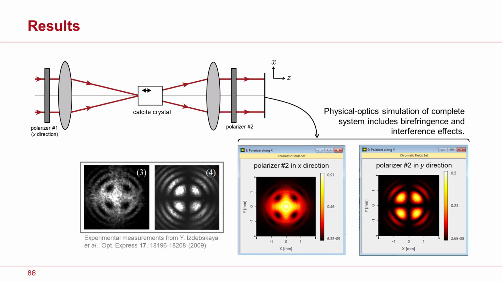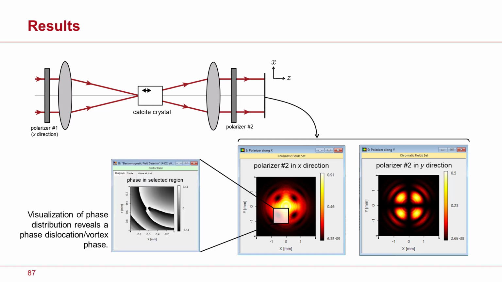We can observe how the interesting effects that appear, those vortices, those phase dislocations caused by the propagation through the crystal, are also reflected in the simulation result of this example.